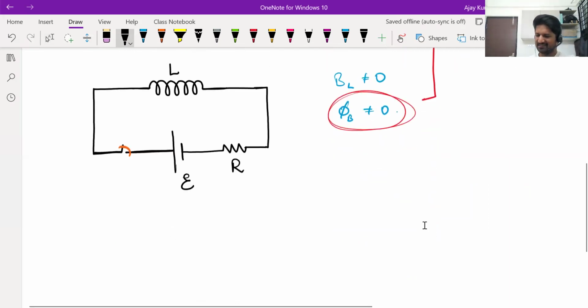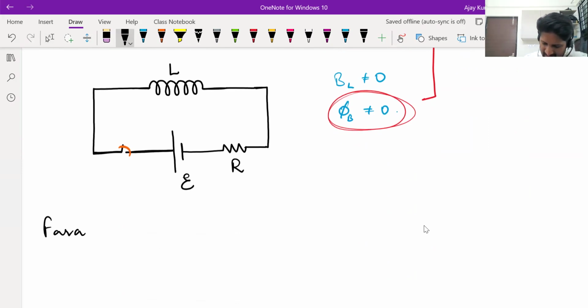Rishi. Sir, Faraday's law is, it's flux by time. What is flux by time? Okay, Isha, can you tell Faraday's law?